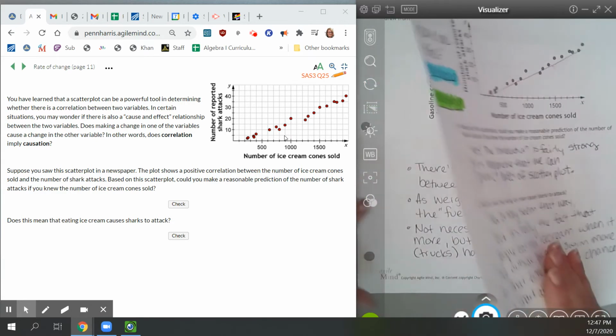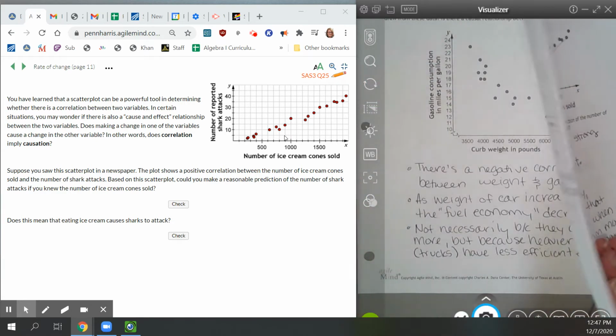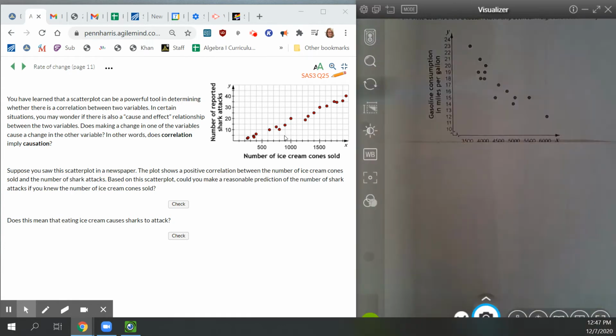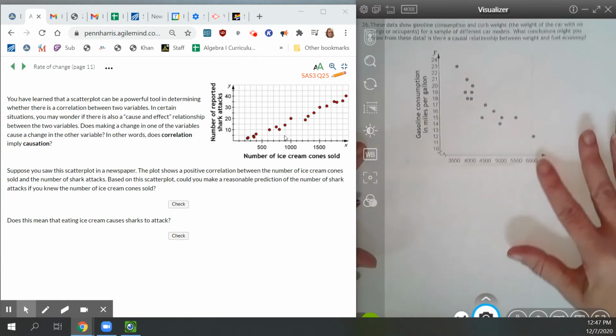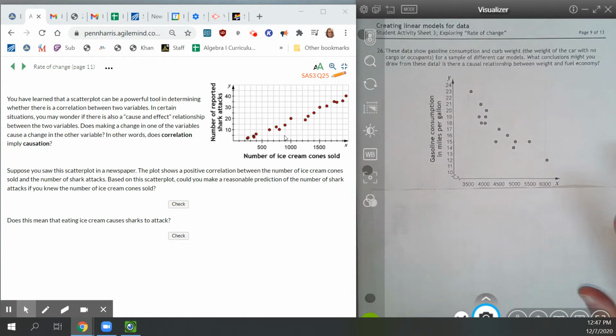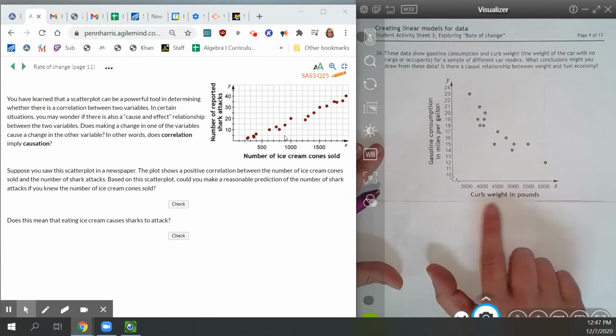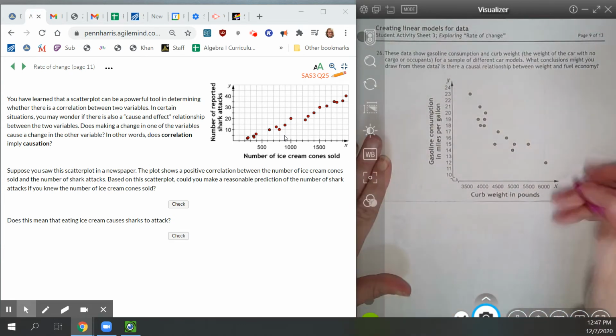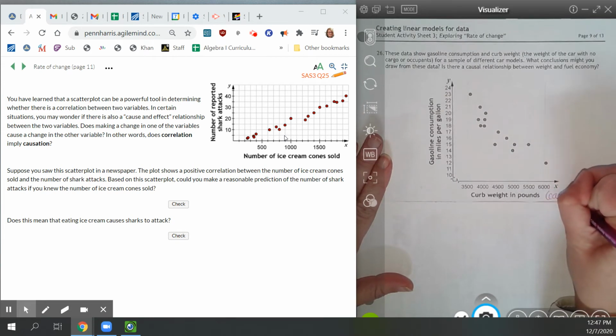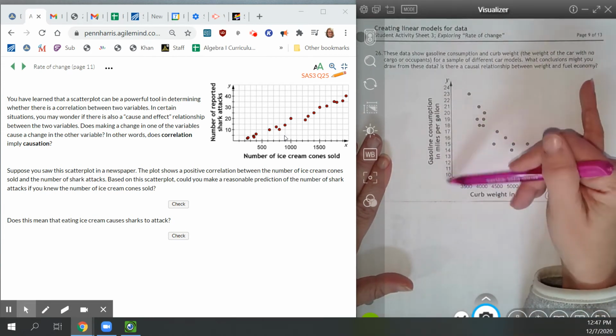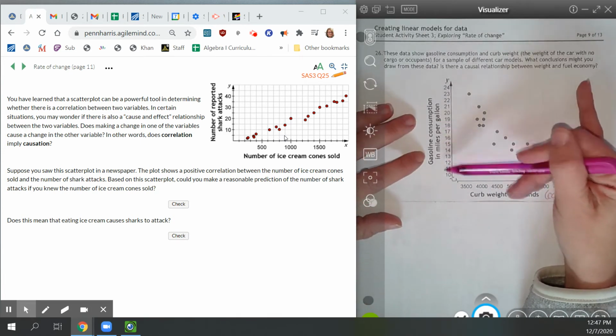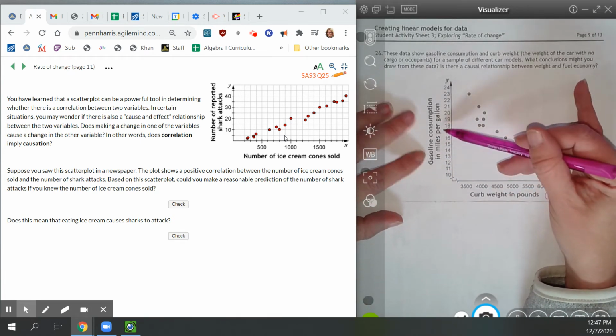So let's look at a couple of other examples here. Another example I have here, guys, number 26. We've got the curb weight in pounds of a vehicle. Guys, this is like the car weight. And then the amount of gas consumption in miles per gallon.